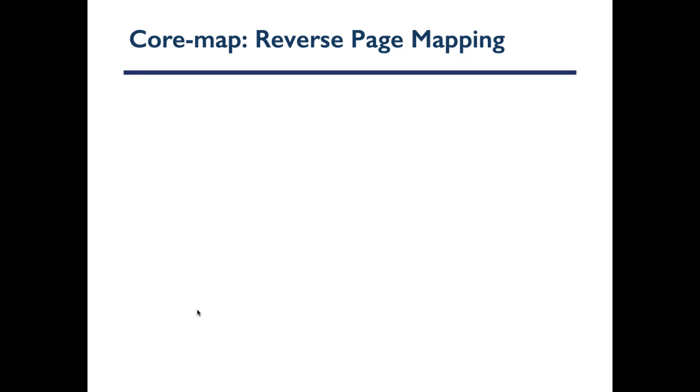Now, usually you actually want to know the inverse as well, from your physical pages to your virtual pages. That is important because you have situations where a physical page is mapped to multiple virtual pages. And it could be that these multiple virtual pages are in different processes. So if you're evicting a page, you want to know which processes would be affected by this.